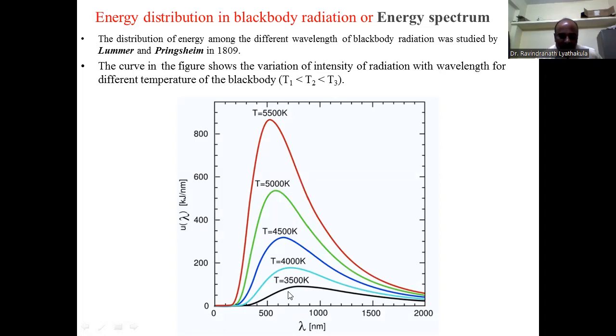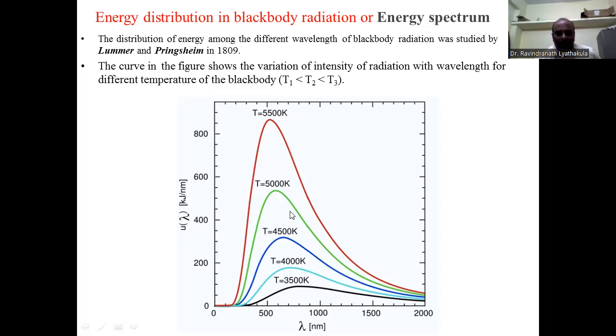It is shifted towards the shorter wavelength side. This represents Wien's displacement law: with increasing temperature, the lambda maximum value shifts towards shorter wavelengths.